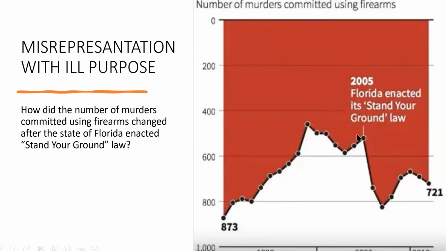So what happened with the number of murders committed using firearms? They dropped, right? Wrong, because the scale is inverted. Look at how they presented this graph. 0 is on the top and it increases going down. So the graph should actually be viewed turned around.